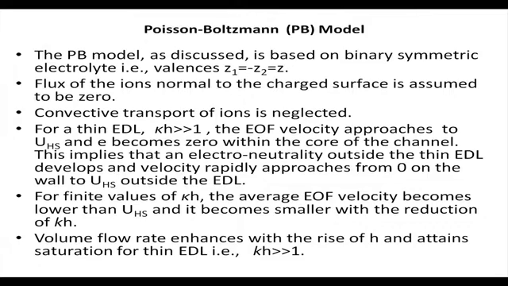This way of modeling the electroosmotic flow is referred to as the Poisson-Boltzmann model, because here the ion distributions are governed by the Boltzmann distribution, and the electric potential is obtained by the Poisson-Boltzmann equation. So here we have assumed equilibrium situations.